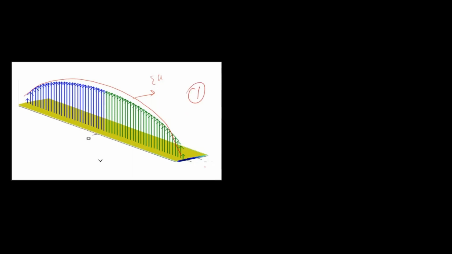This is the first case. The second case, assume I am keeping a fuselage on this wing. So we are attaching this wing to the fuselage. Now what will happen to this lift distribution? Will it be the same or will it vary?